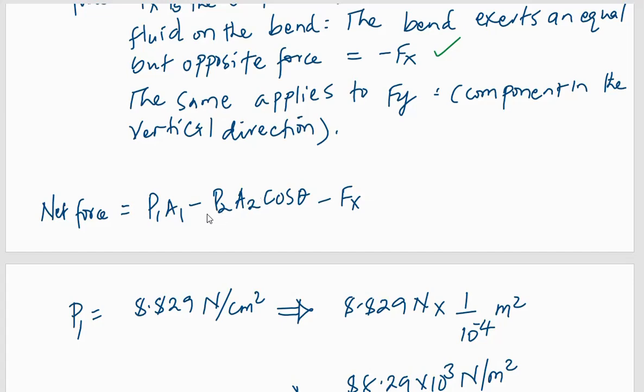Therefore, it will be minus P2A2, but because this force is acting at an angle theta to the horizontal, if we resolve it horizontally, it will be P2A2 cos theta. Then minus Fx, which is the force the bend exerts on the fluid.